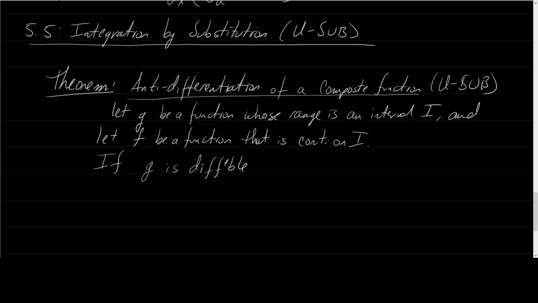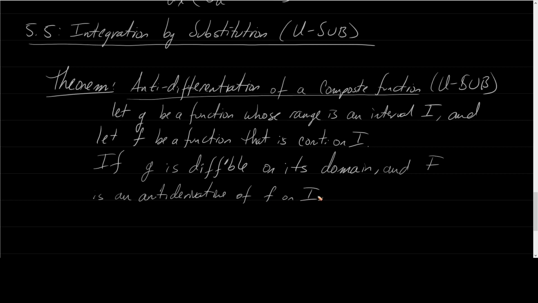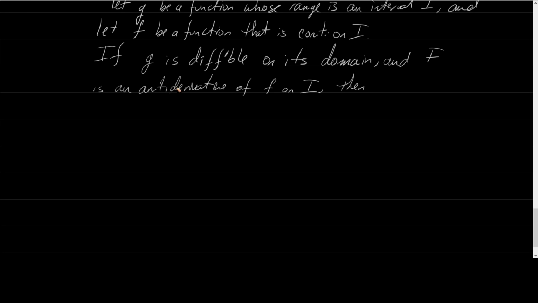So if G is differentiable on its domain, then, and capital F is an antiderivative of lowercase f on that interval, then we get that integral that I wrote at the very end.